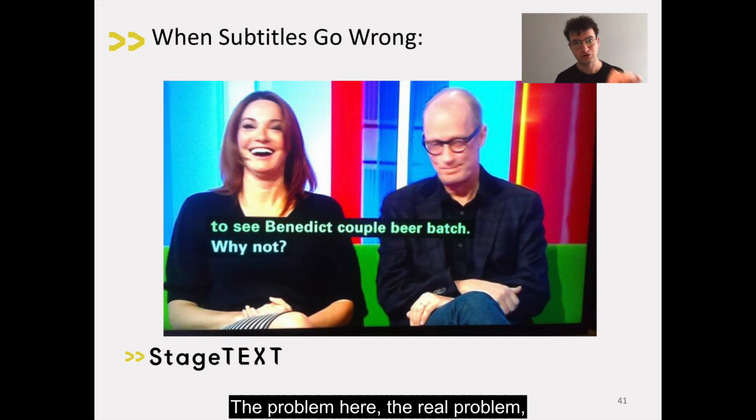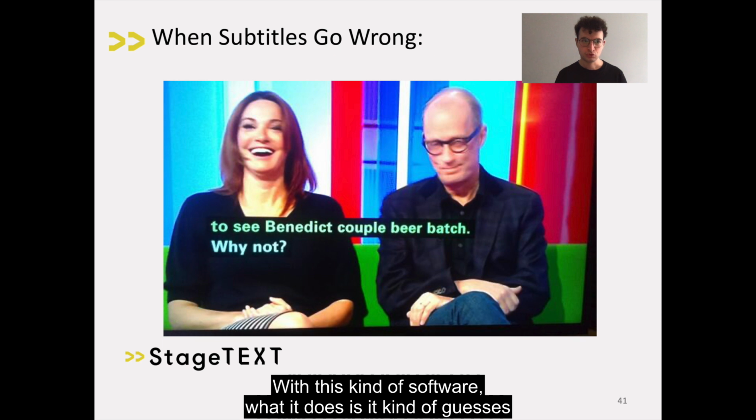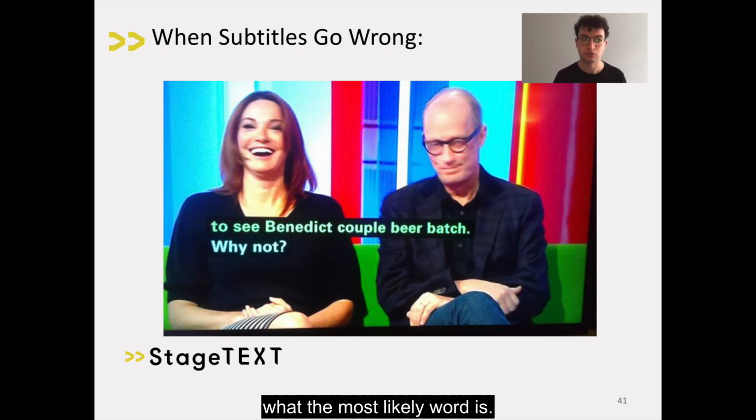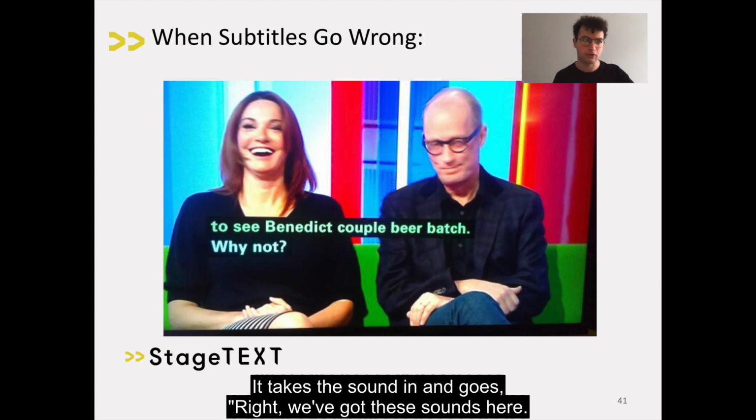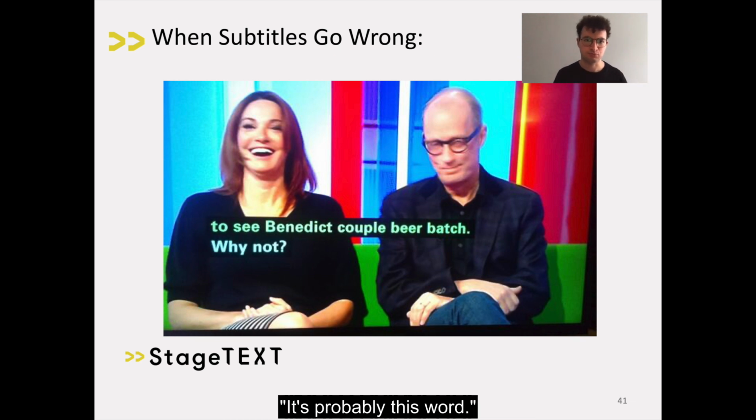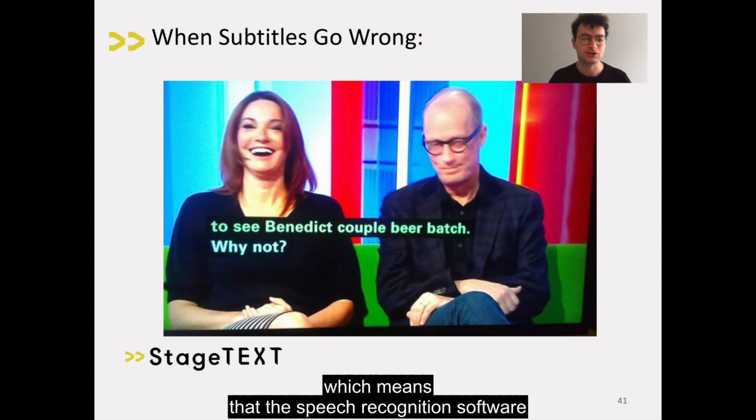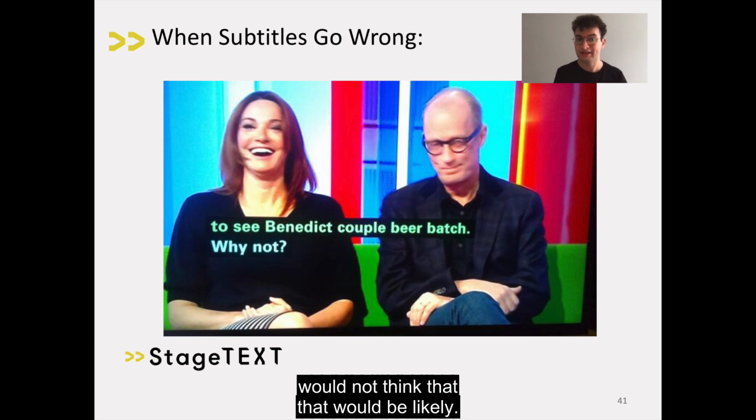The real problem here is that live subtitling was not prepared. With this kind of software, what it does is guess what the most likely word is. It takes the sound in and goes, right, we've got these sounds here, it's probably this word. And Benedict Cumberbatch is not a regularly used word, so it's low on the guess list, which means the speech recognition software would not think that likely.